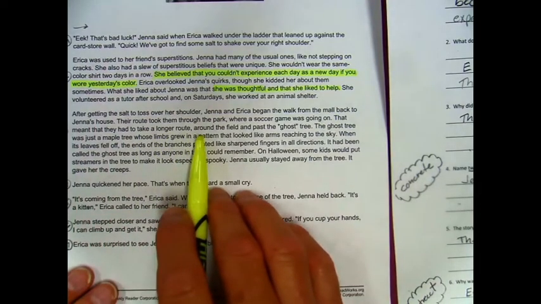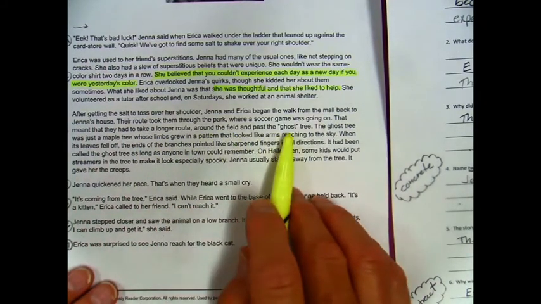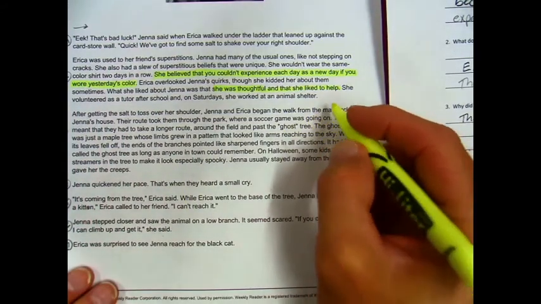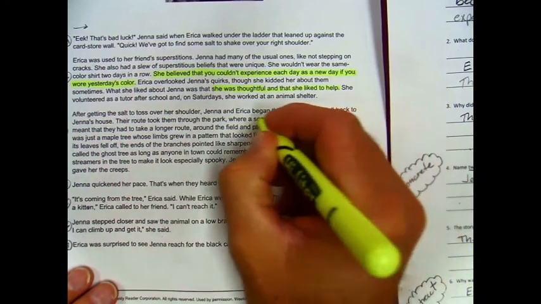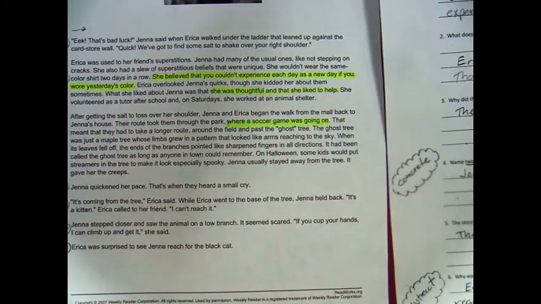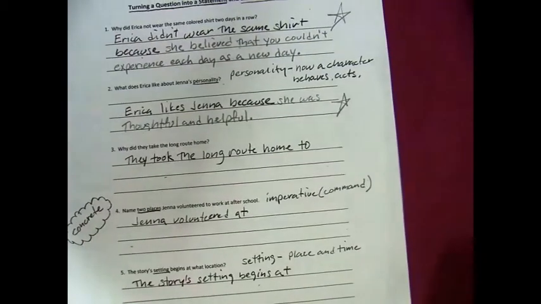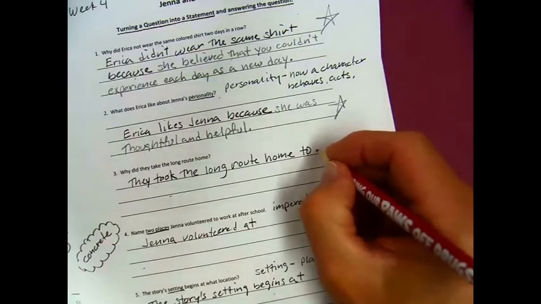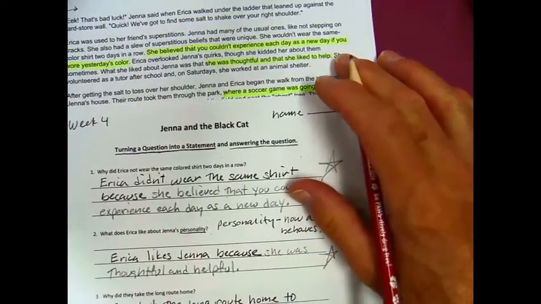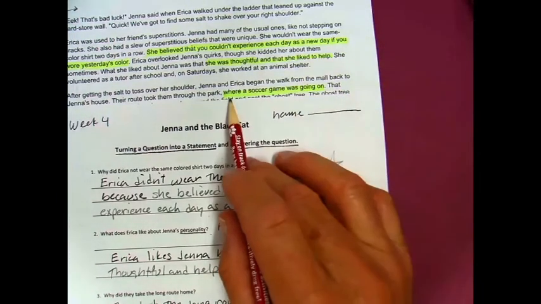Because there was a soccer game going on. They took the long route home to, I could say because, well, I'd have to change where to there, because there was a soccer game going on.